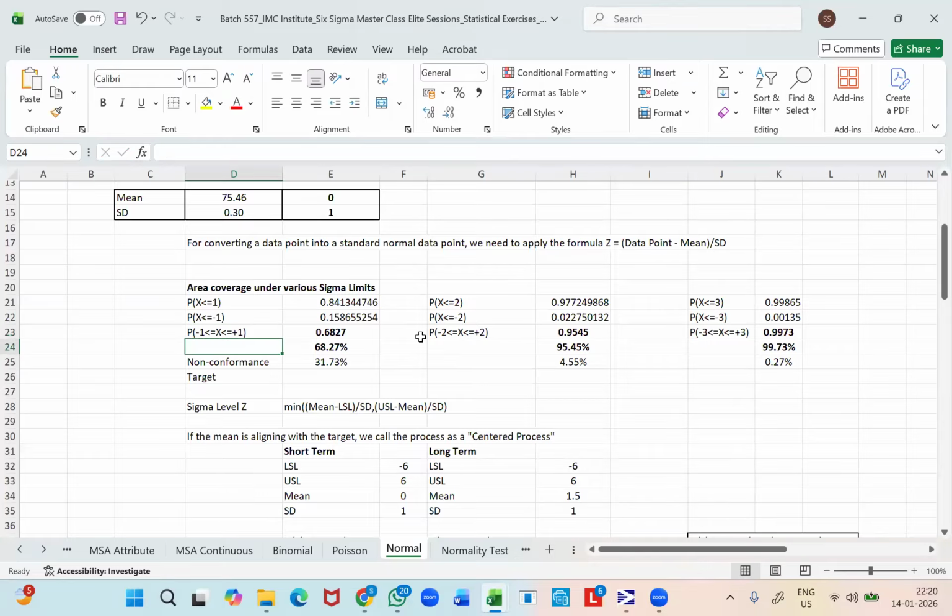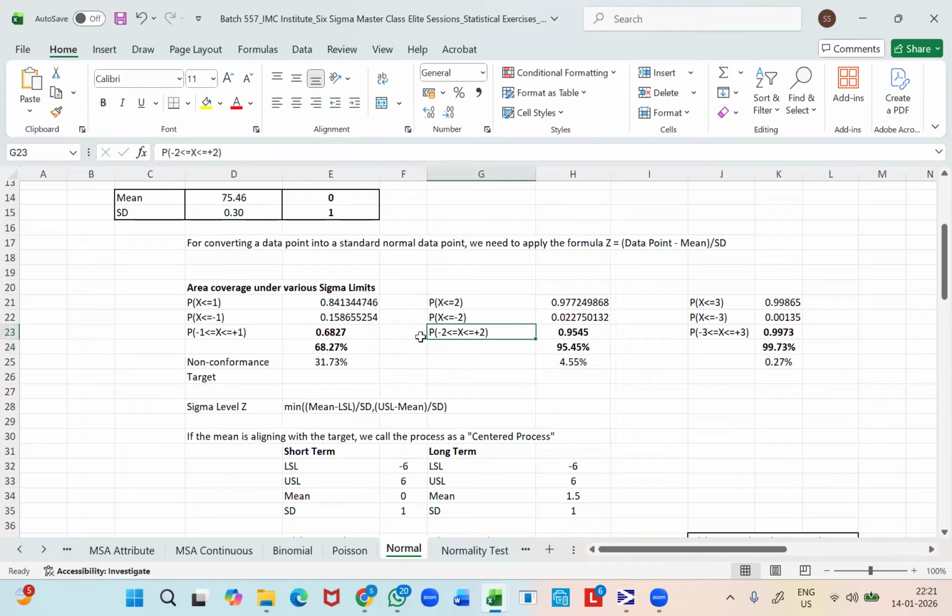This indicates that we are calculating the probability, or the area, between +1 and -1. If you subtract these two area values, you get 0.6827, which in terms of percentage is 68.27%. Just park this value.